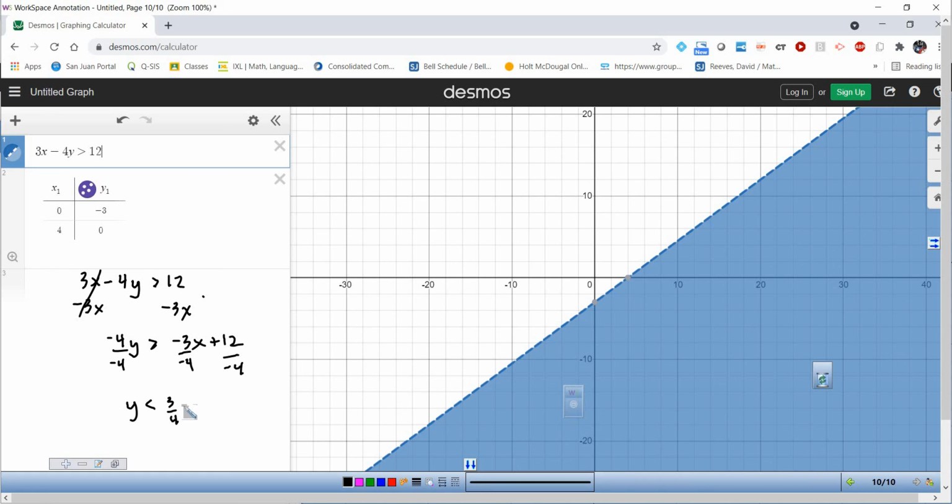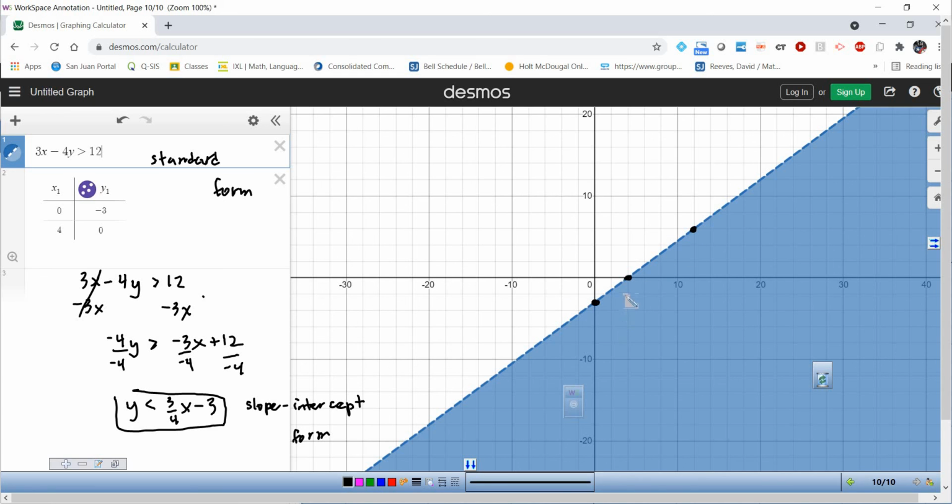So I get y is less than 3/4 x minus 3. So that changes it from standard form to slope-intercept form. And you could see we have our y-intercept of negative 3 and our slope of 3/4. Up 3 over 4. Up 1, 2, 3 over 1, 2, 3, 4.